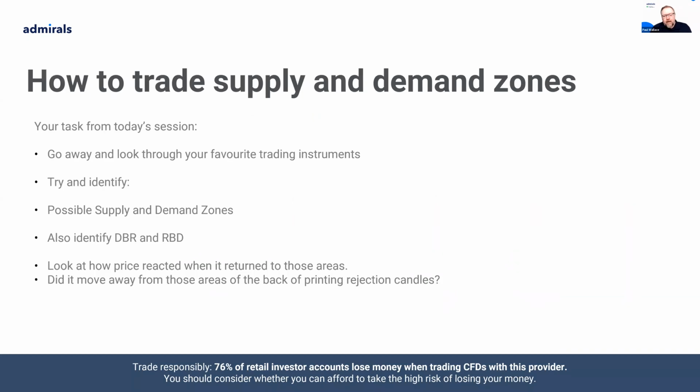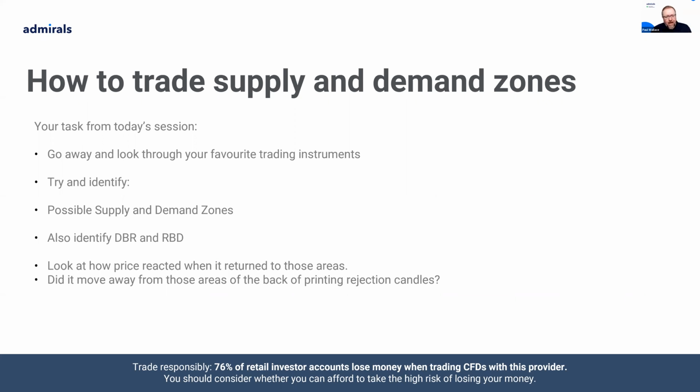So here's your task from today's session. I'm all for setting little bits of homework that you can take away and start to look at. Go away and look through your favorite trading instruments. You might already be doing it, but see if you can identify possible supply and demand zones.